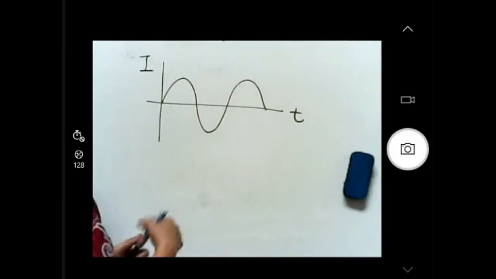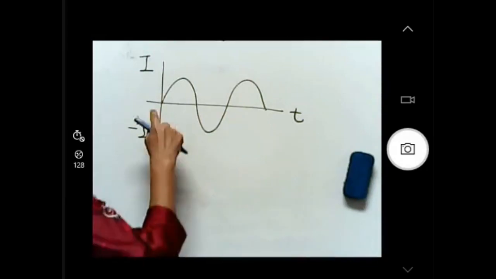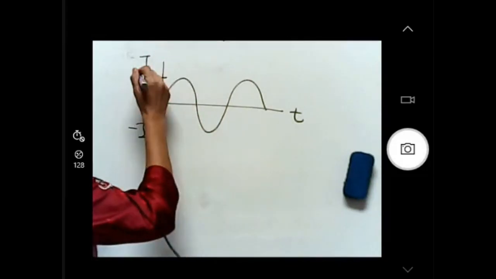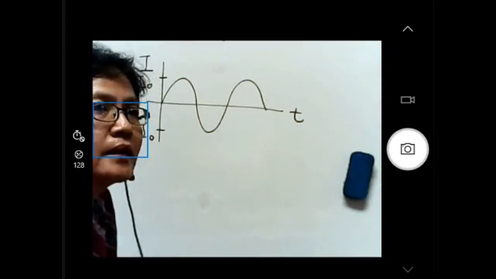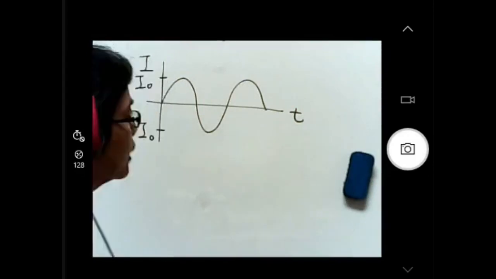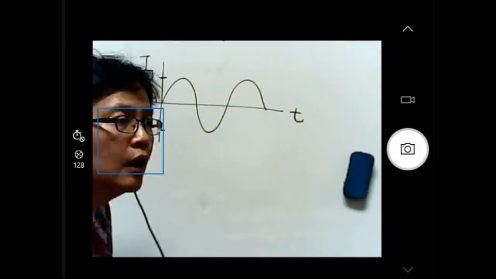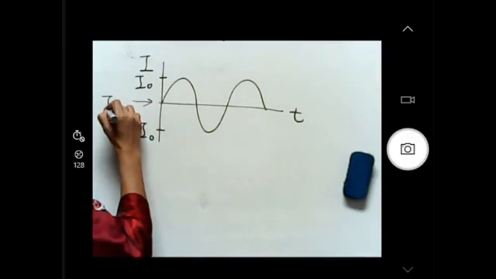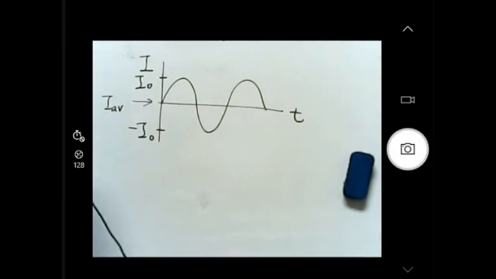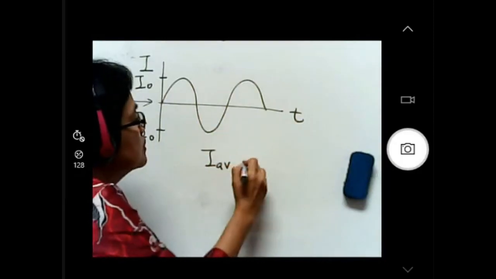If we look here, this value changes between minus I naught and I naught. So we say, let's take the average value. If you look at this graph, where should the average value be? Of course, it will be here. So what's the average value here? You find that the average value is 0.